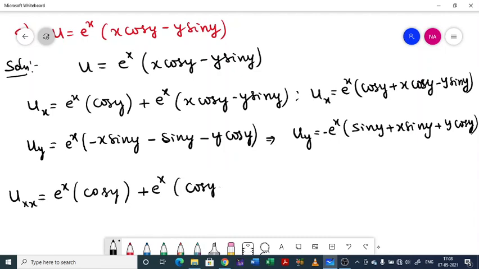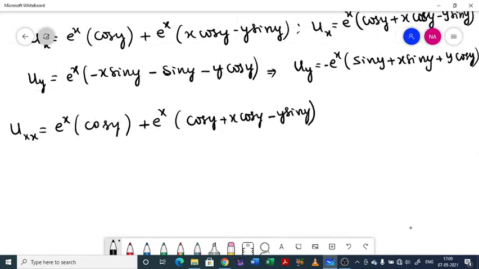So cos y plus x cos y minus y sin y. So u double x is e power x times 2 cos y plus x cos y minus y sin y.